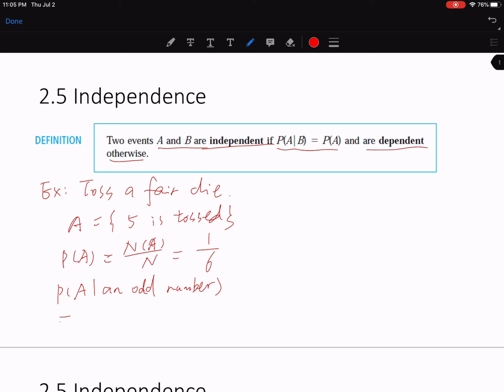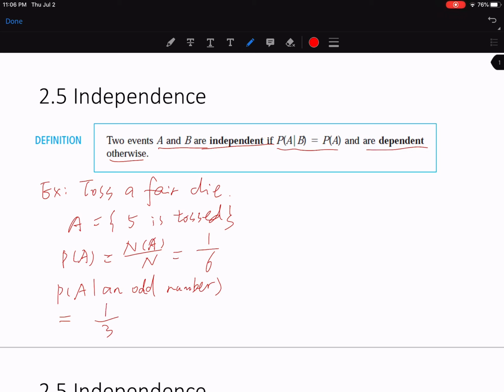Now, if we know the number is odd, then there are 3 odd numbers in total. So the bottom will be 3, and only one of them is 5. So the probability is 1/3.